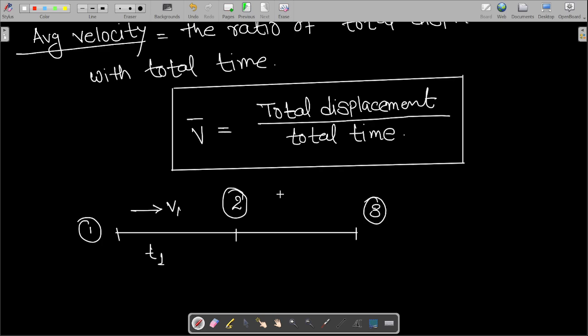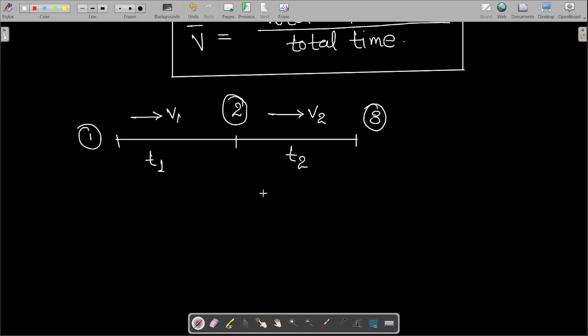And the velocity between point 2 and point 3, let's say it was v2, and the time taken between point 2 and point 3, let us say it is t2. Then the average velocity v bar would be v1 plus v2 upon t1 plus t2.